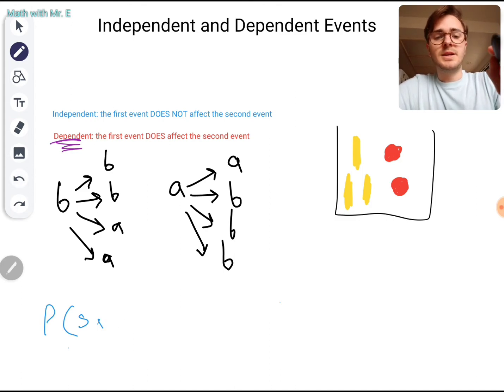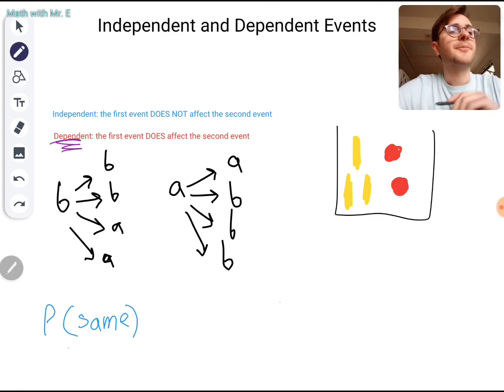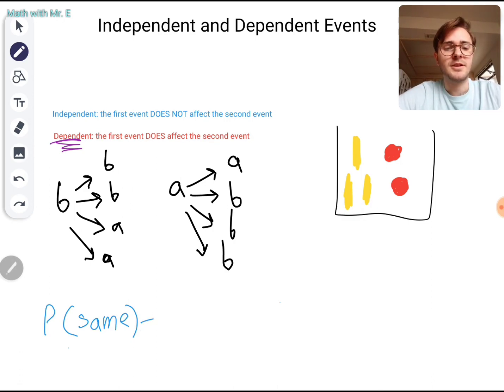Okay, so probability that they will both be the same. Well, let's take a look. How many of those are there? We've got banana, banana, banana, banana, so that's 2. And we've got apple, apple, so that's 3. So the probability that he will eat the same fruit is 3/8.